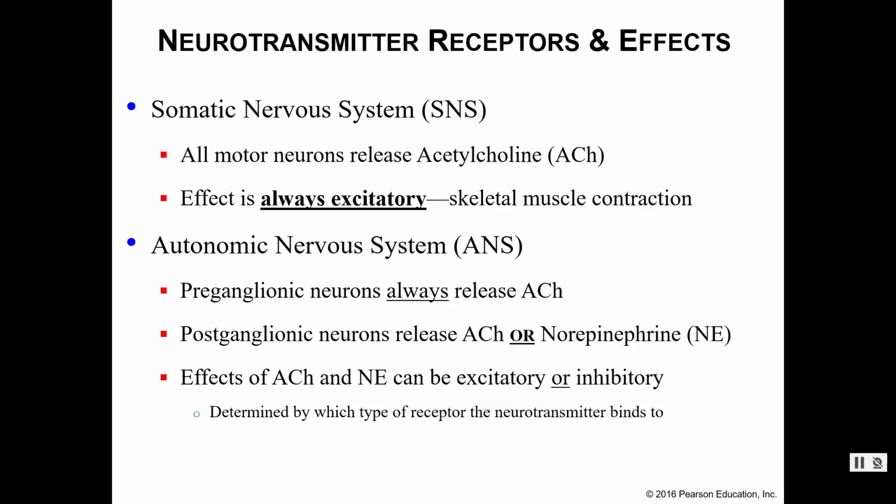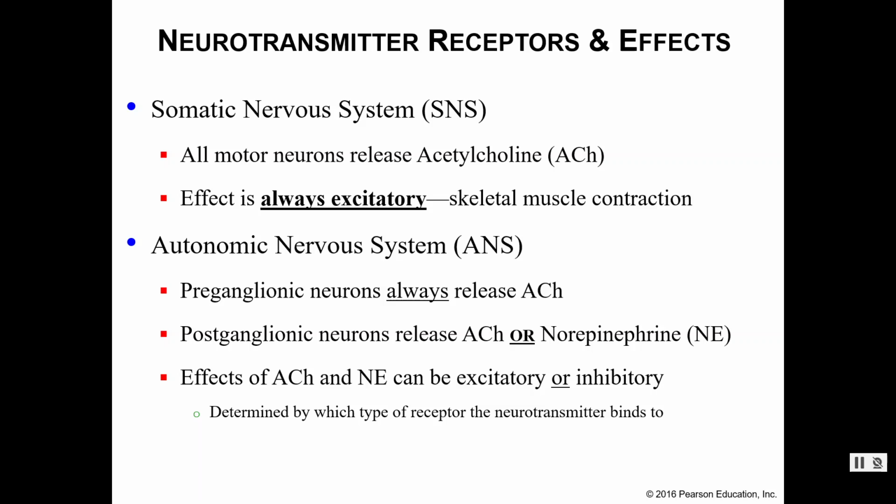If you think back to our discussion about how skeletal muscle contractions work, we kept mentioning acetylcholine was released into the synaptic cleft and it would bind to the motor end plate, and eventually we got skeletal muscle contraction. Acetylcholine was the only thing we ever mentioned because your somatic nervous system only ever uses acetylcholine, and the effect is always excitatory.